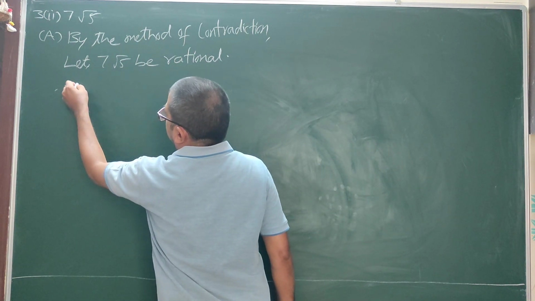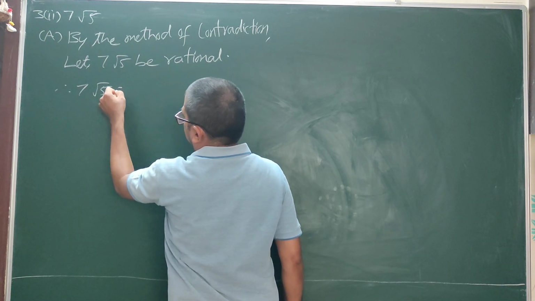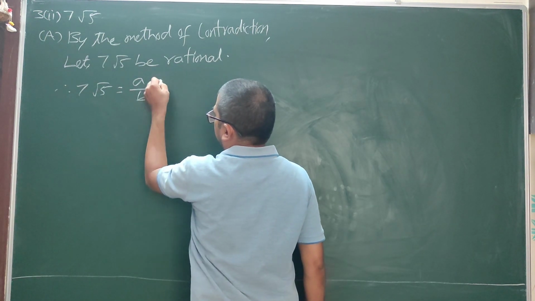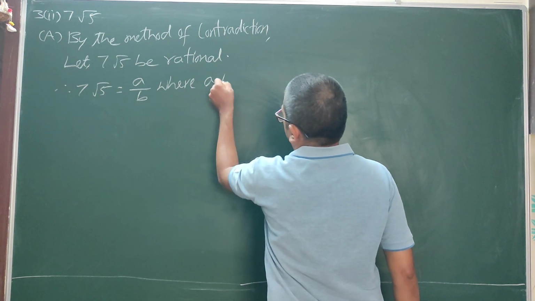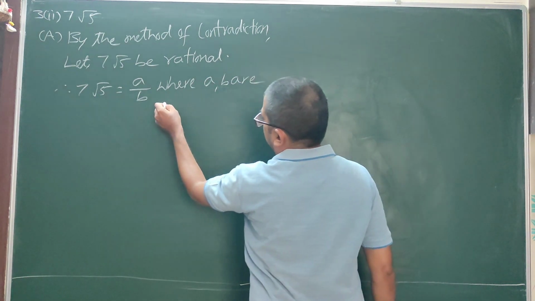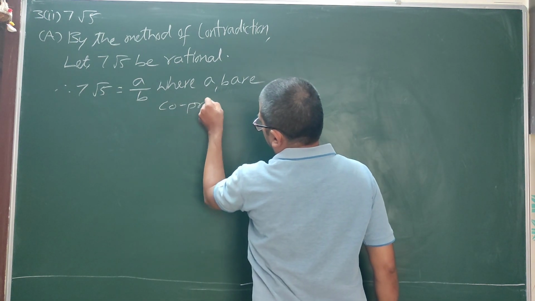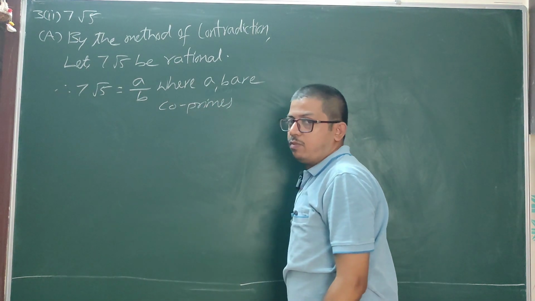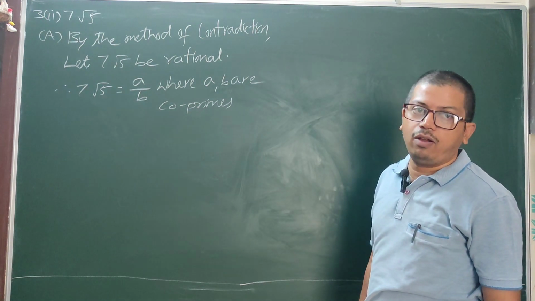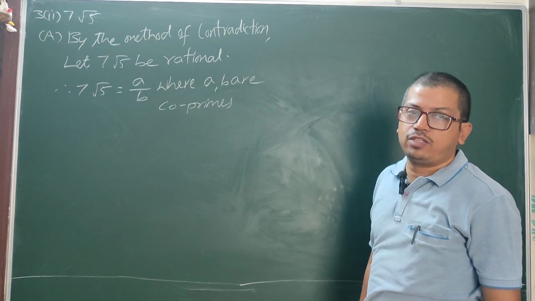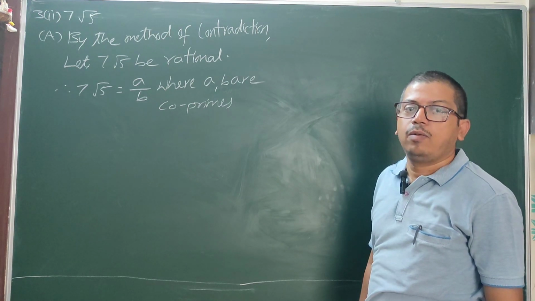Therefore, 7 root 5 can be written in the form a by b, where a, b are co-primes, relatively prime numbers, and many more names are there. You just have a look at my videos in the previous case about prime numbers.